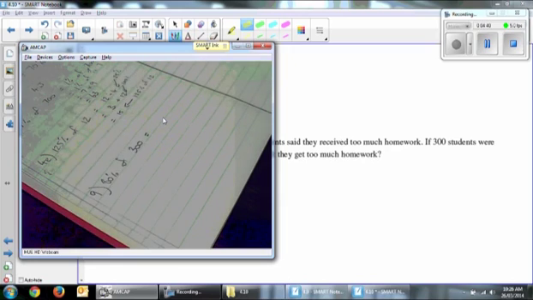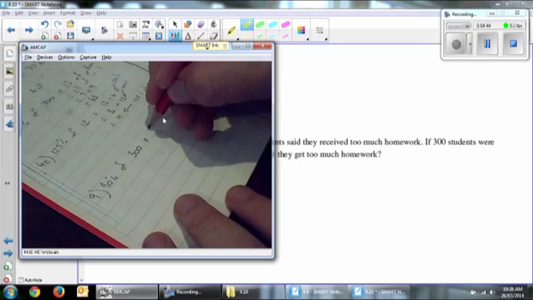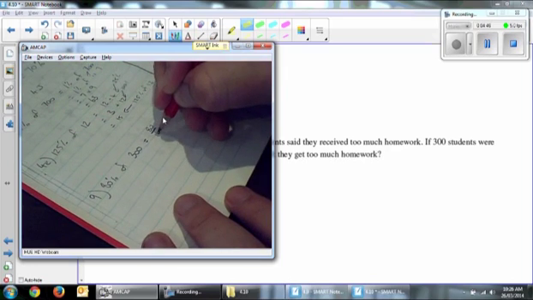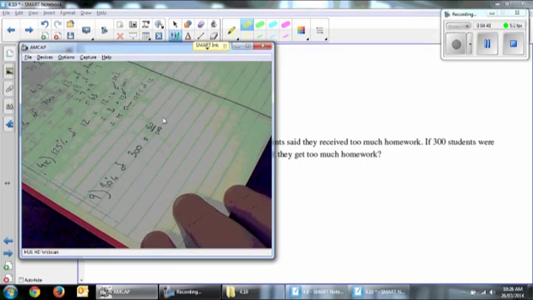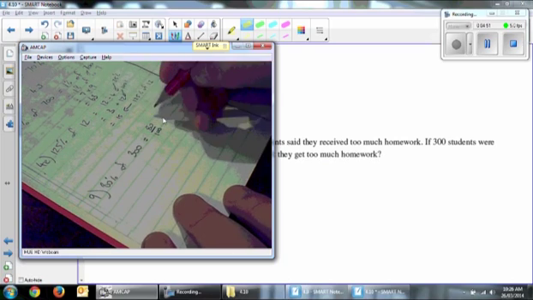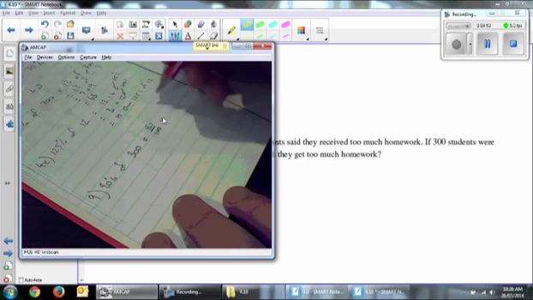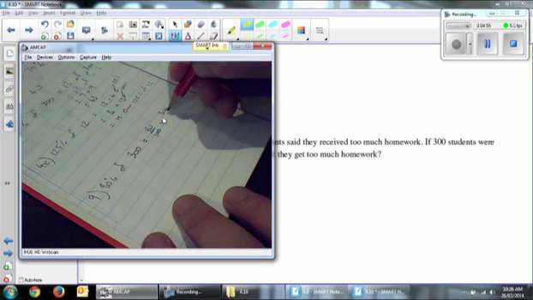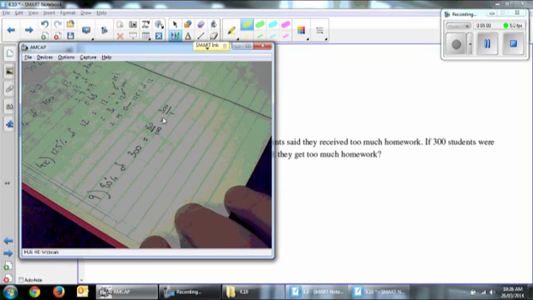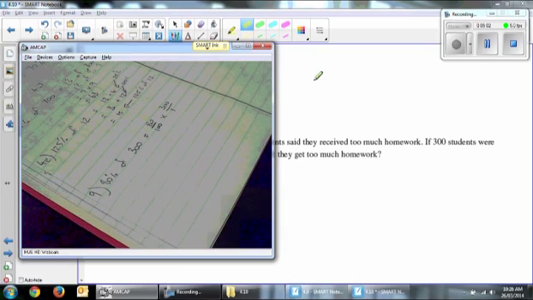Okay, so first of all, 80% is 80 over 100. Okay, as a fraction, it's 80 over 100, and you should all know that by now. Of means times, okay, and 300 is 300 over 1. Okay, now all of a sudden we're left with a multiplication.